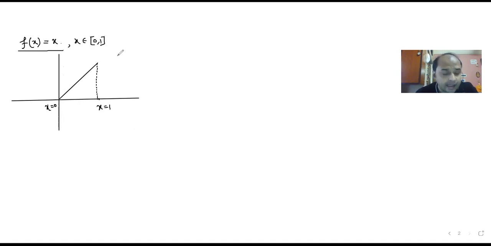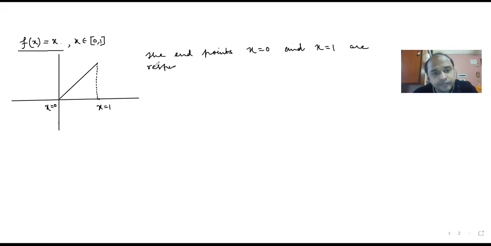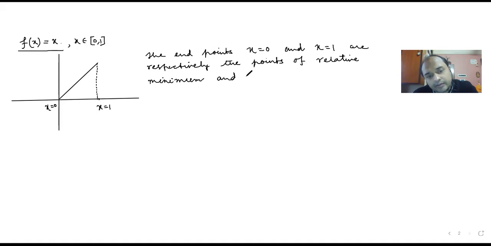The domain has been selected as 0 to 1, and you see that the endpoints x equal to 0 and x equal to 1 are respectively the points of relative minimum and relative maximum.